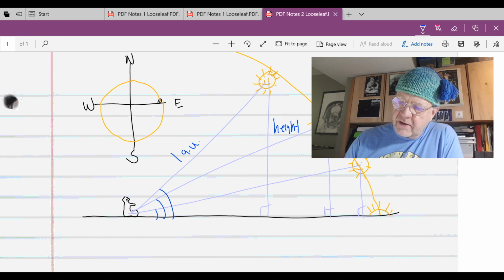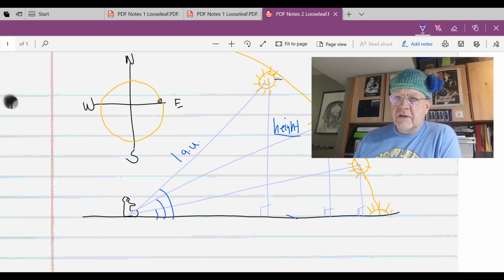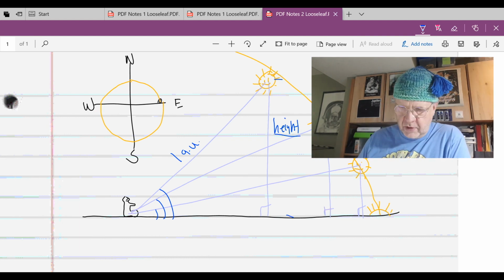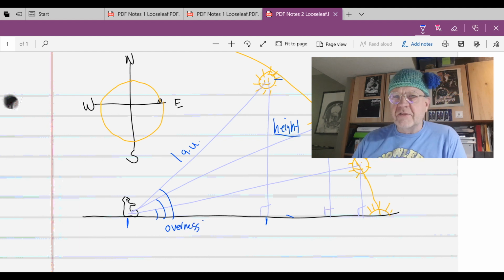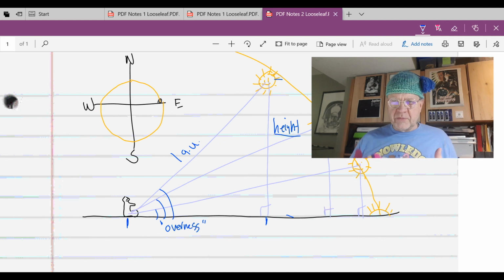It's the vertical distance, especially if you're talking with smaller triangles, which we're about to. And this idea called overness. Now, I'm not too fond of the expression overness, but think of overness as being just the horizontal distance between where you are, where the observer is, and the tangential line there, okay? So height and overness are what James Tanton uses. We're going to be talking about those in a slightly different sense.